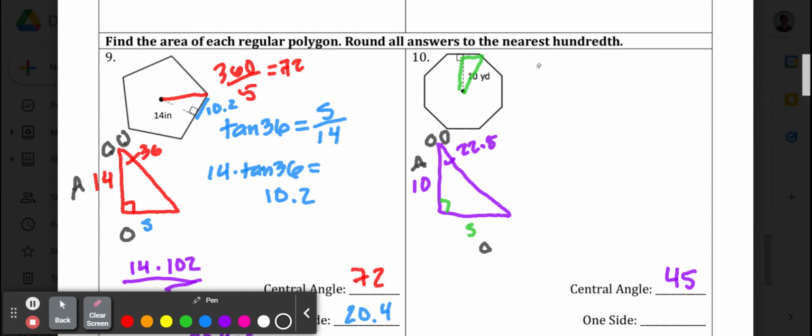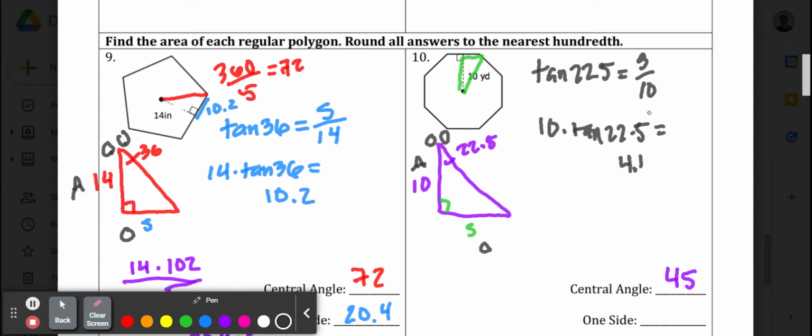So this is going to be, again, the tan of 22.5 equals opposite over adjacent, and 10 times tan of 22.5, which gives us 4.1. So 4.1 is, again, just this little piece right here, so we have to double it. So that should be 8.2.